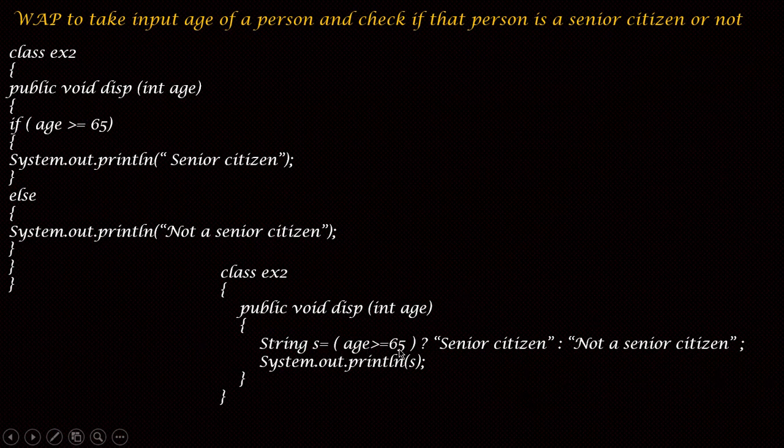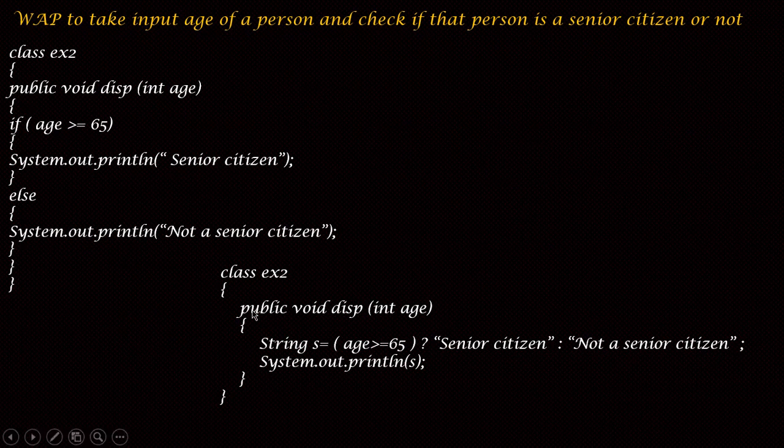Now if my age is greater than or equal to 65, that is, this condition is true, then what am I supposed to get as the output? The output should be senior citizen. That's why senior citizen is given. Now why have I utilized double quotes here? Because it is a string constant, and as we have already discussed, string constants are enclosed within double quotation marks.